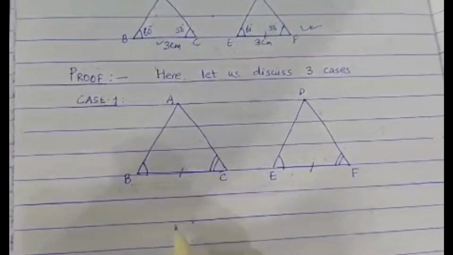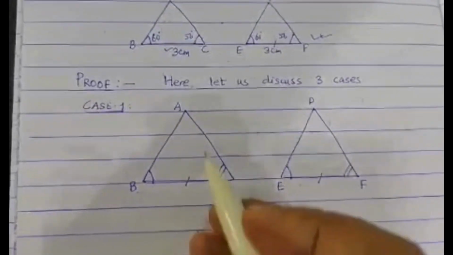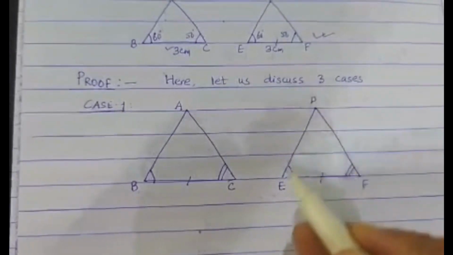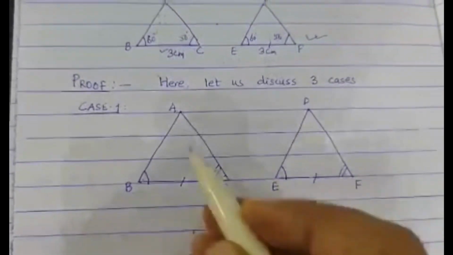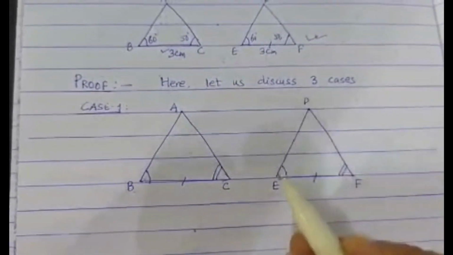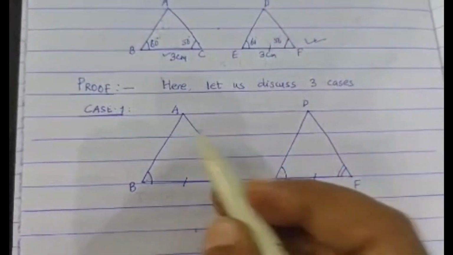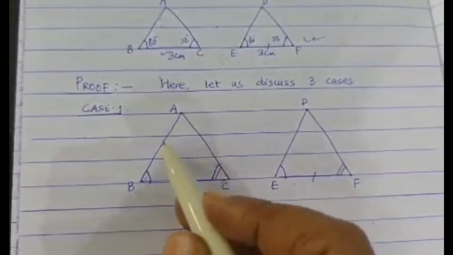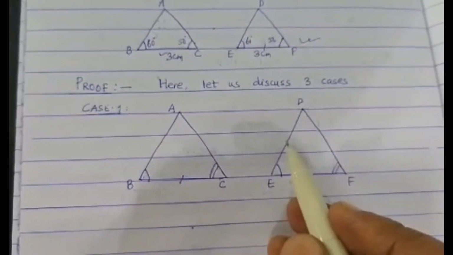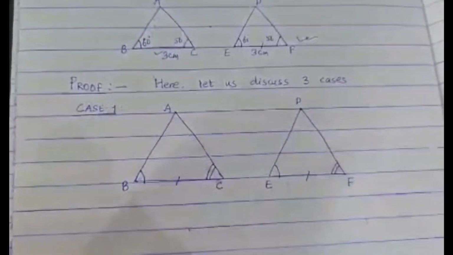So the first case is when this side AB is equal to DE. Second case we will assume when this AB is shorter than DE. And the third case we will assume when this AB is larger than DE.